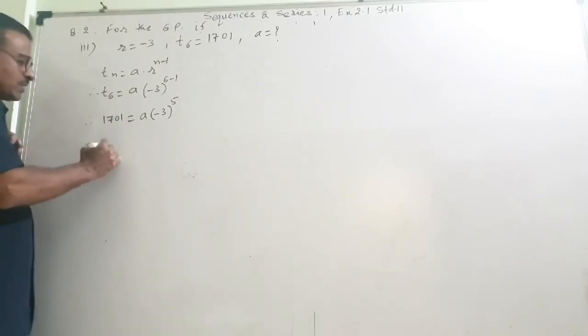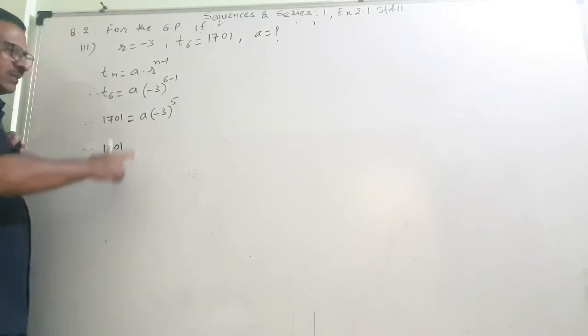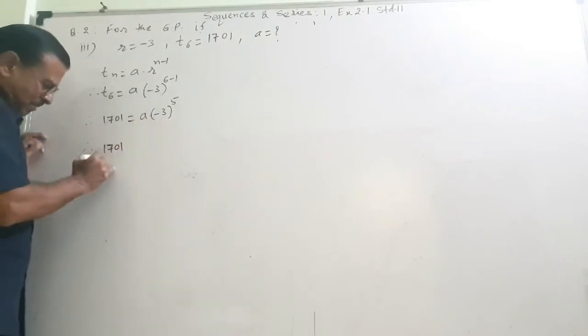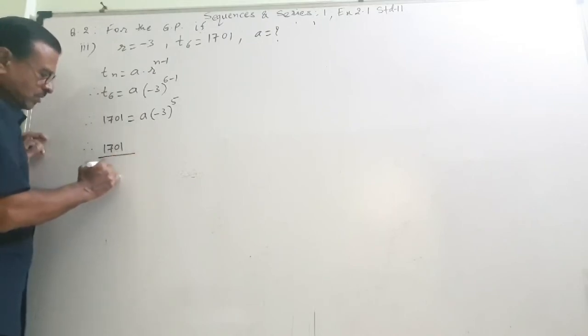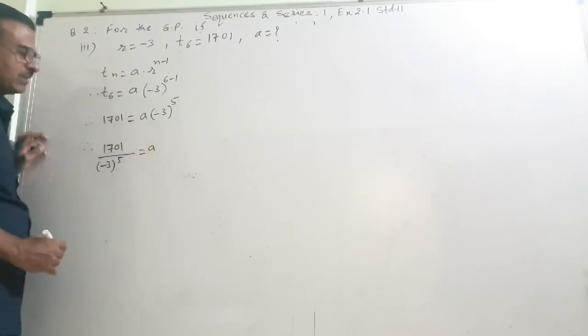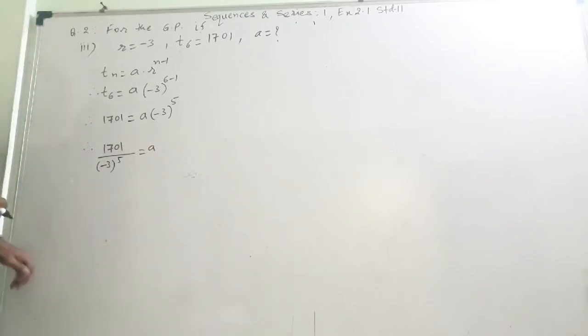So now I have to find the value of A. Therefore, 1701 upon minus 3 raised to 5 is equal to A. Now I have to solve this, so I will go on simply dividing.